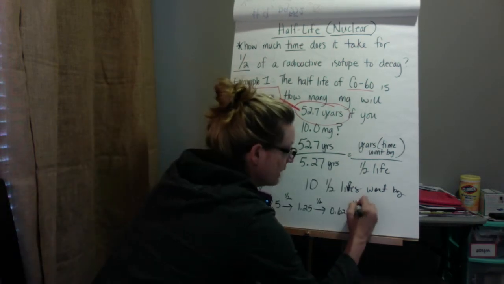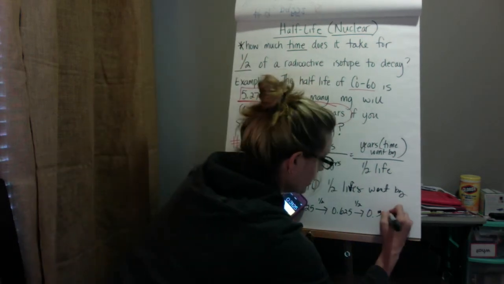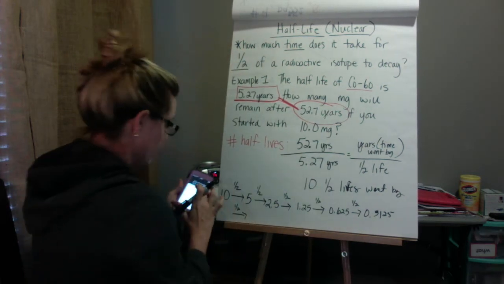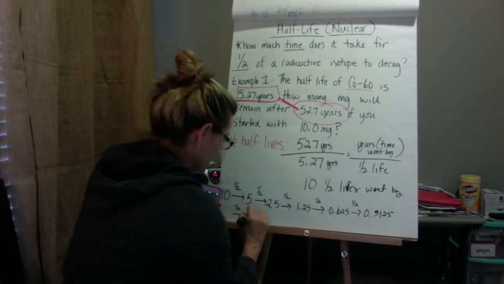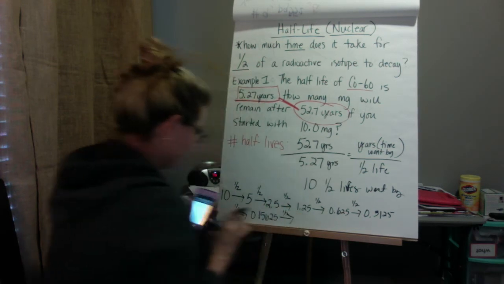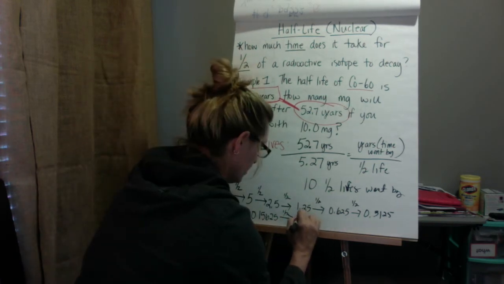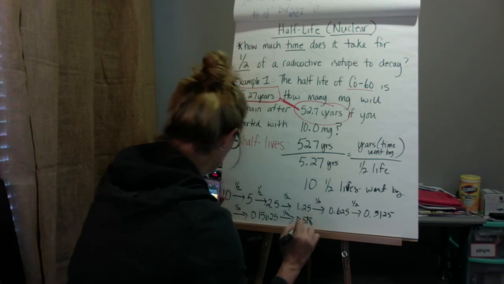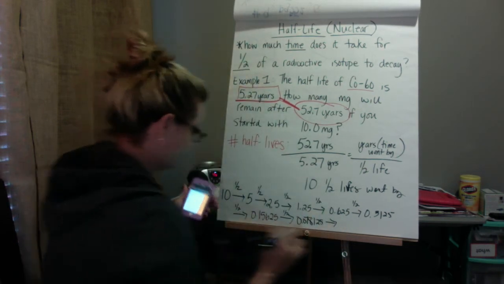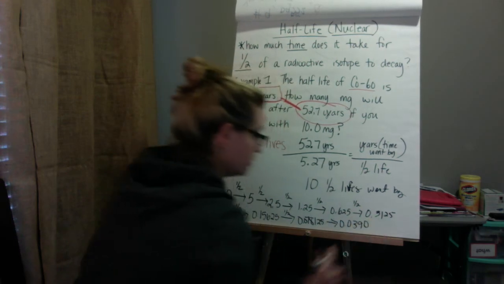So let's go through another half-life. 0.3125. Let's go through another half-life. I just keep dividing by 2 on my calculator. 0.15625. I go again. 0.078125. Go again. 0.0390.